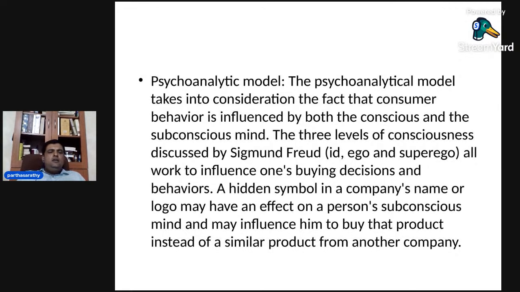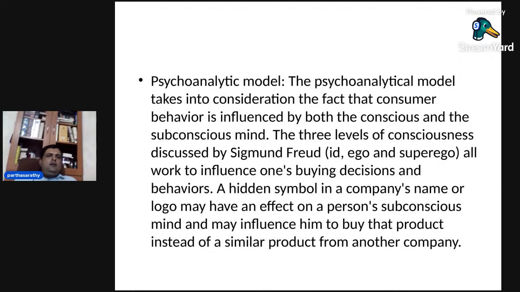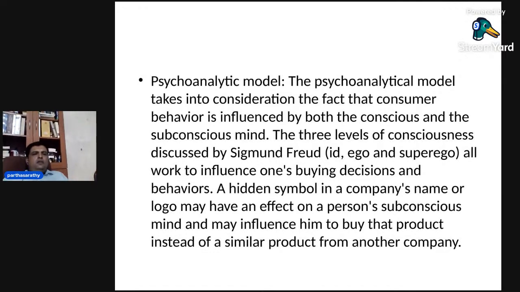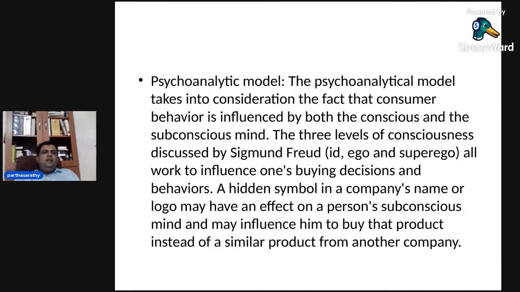It is that part of the consciousness which works on the pleasure principle: whatever gives pleasure. The ego works on reality. A hungry man cannot imagine food and fill his stomach. So in reality, he has to have food and satisfy his hunger.